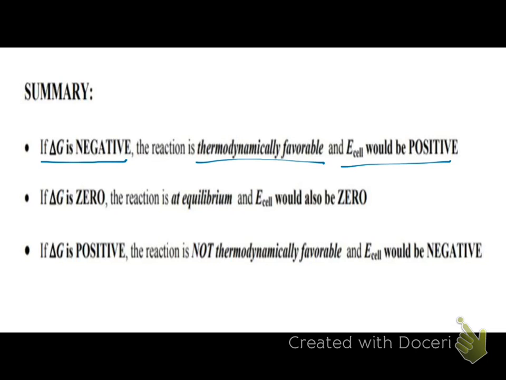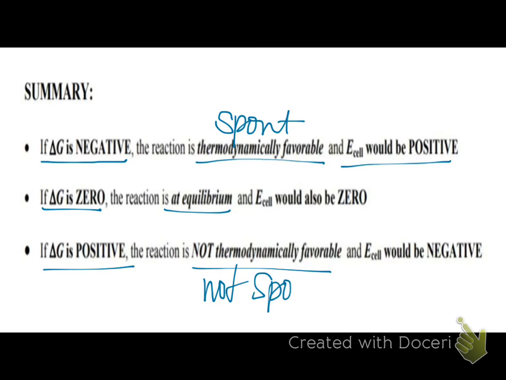We haven't got there, so I'm going to try to make sure none of that shows up on the thermodynamics test. It will on the last unit. If it's 0, we're at equilibrium, and if it's positive, it is not thermodynamically favored. Of course, this would be our old style of spontaneous and not spontaneous. Okay, that helps you think that way.